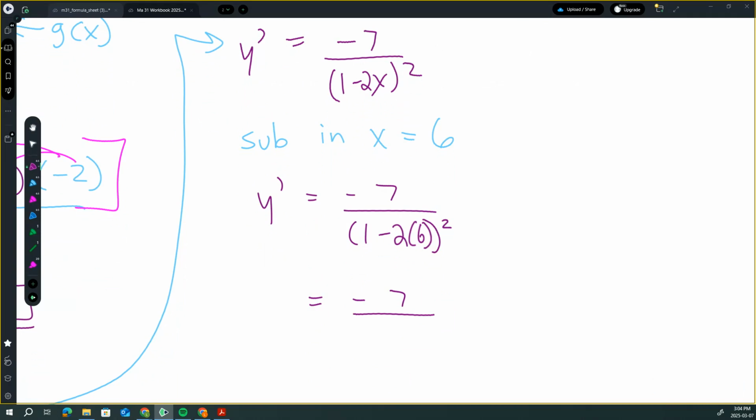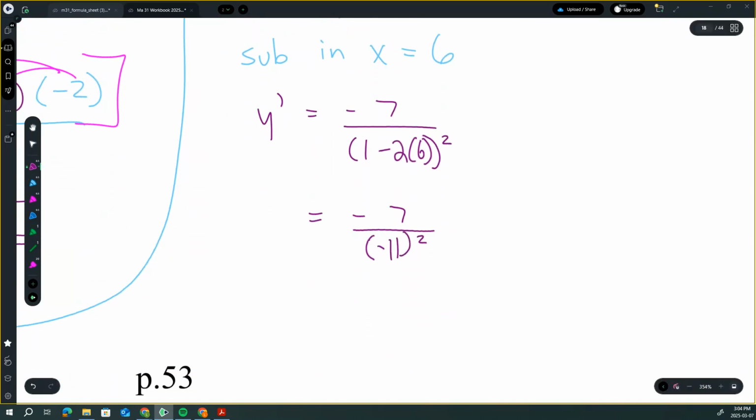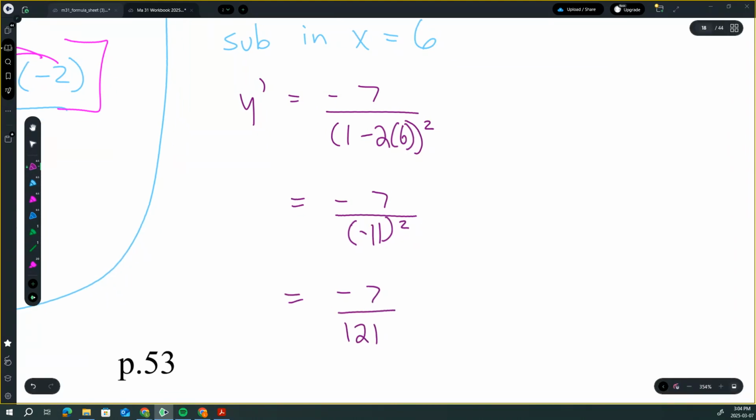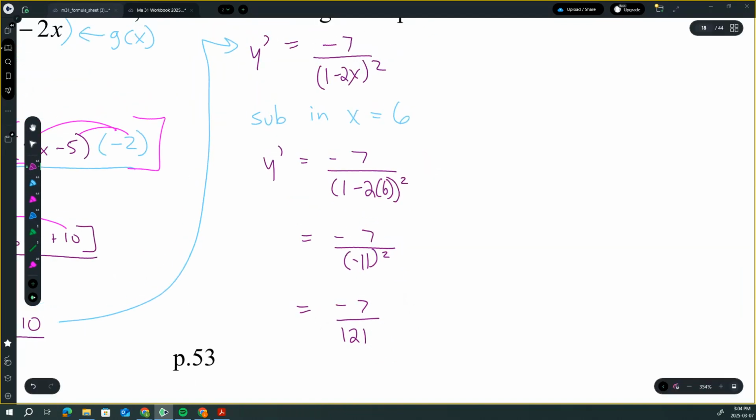Okay, so 6 times negative 2 is negative 12. 1 minus 12 is going to be negative 11. That's squared. So that's going to give us negative 7 over 11 squared, which is positive 121. Okay. And that is as simple as she gets. So remember, whenever you have a fraction, always simplify as much as possible.